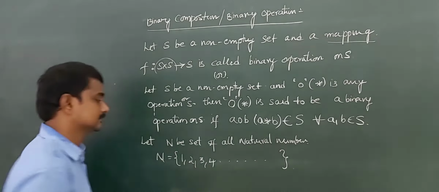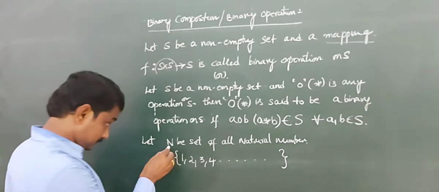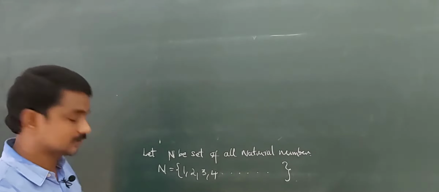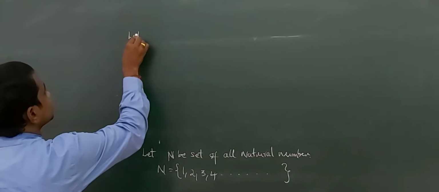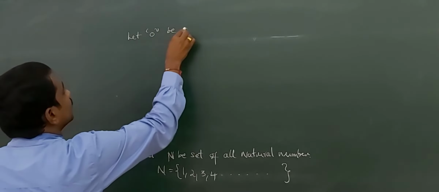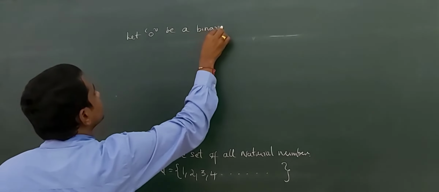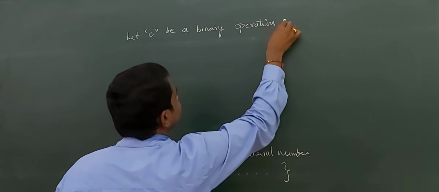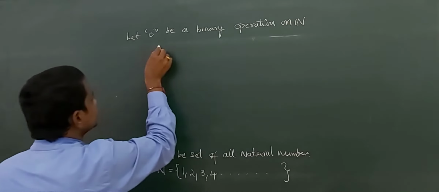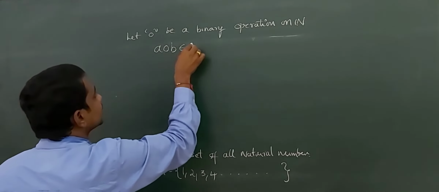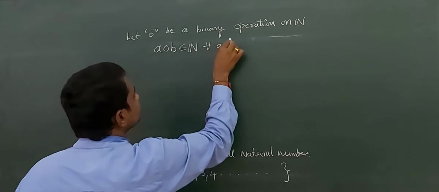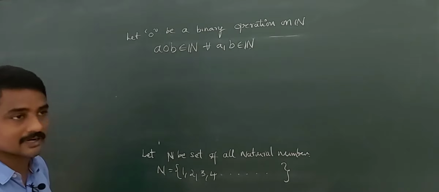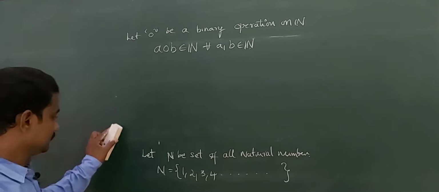Here, let circle be a binary operation on N, that means a circle b belongs to capital N for all a, b belonging to capital N.